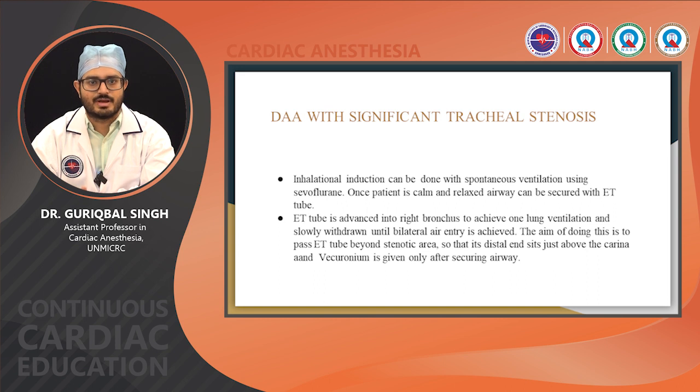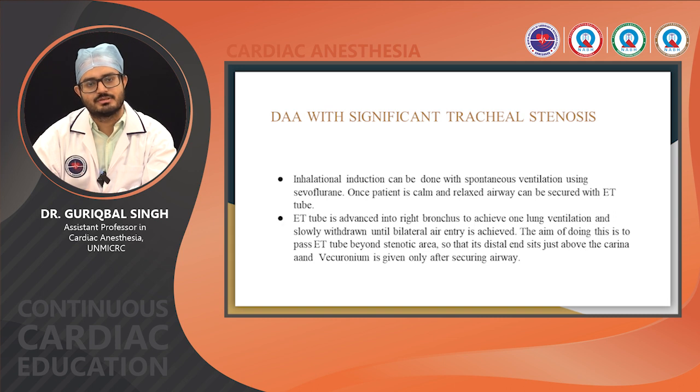The ET tube is advanced into right bronchus to achieve one lung ventilation, and it is slowly withdrawn until bilateral air entry is achieved. The aim of doing this is to pass the endotracheal tube beyond the stenotic area so that its distal end sits just above carina, and a muscle relaxant, for example vecuronium, is given only after securing airway.